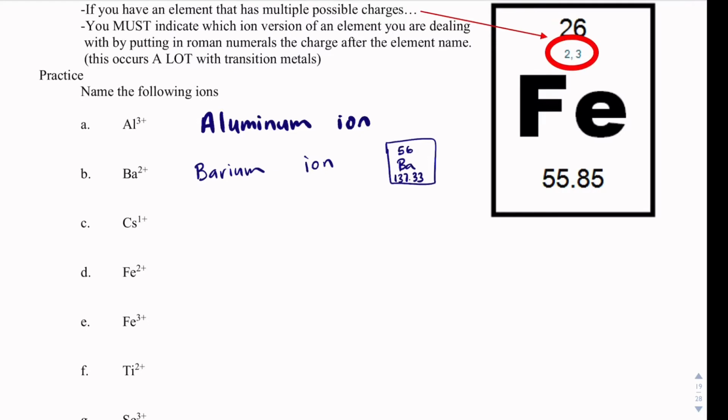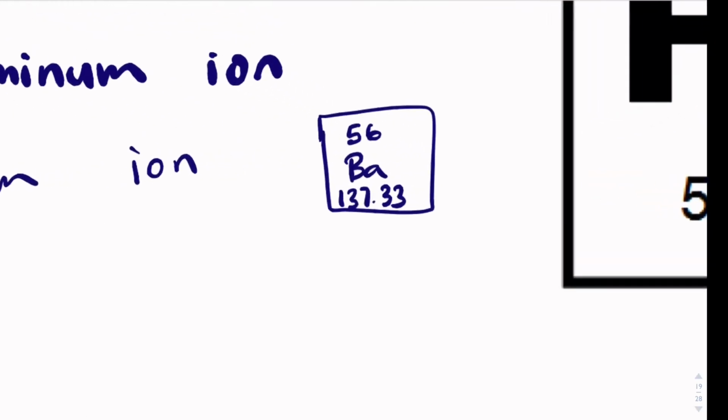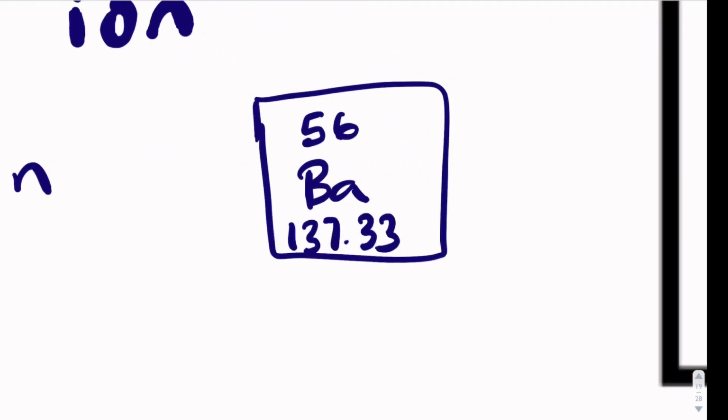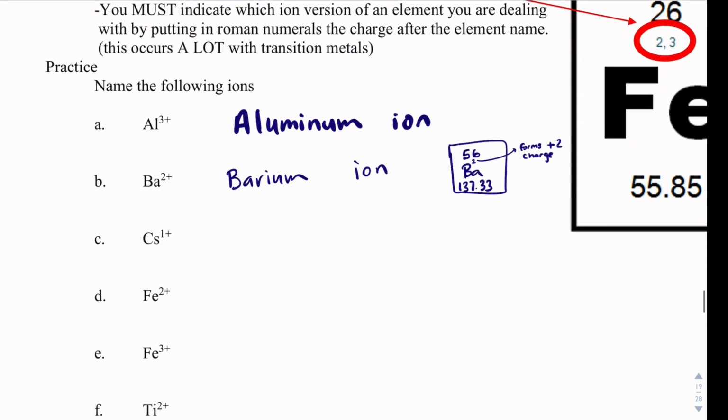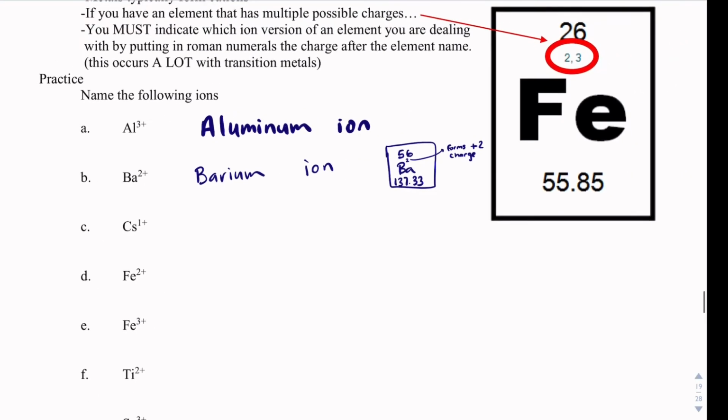On the barium, you're going to see a little charge, really small, but it says 2. That means that barium forms a +2 charge. That's going to be very important. So when I see barium here as Ba +2, I'm not surprised at all.